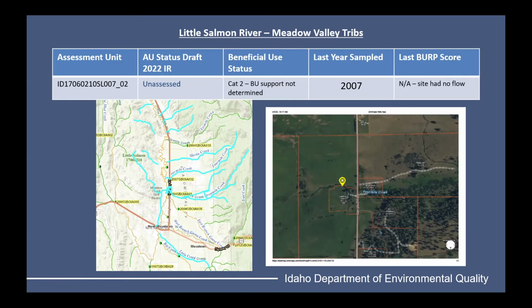Every time someone has gone to sample it, they have either tried to access a portion of the stream that was not perennial and so was designated no flow. That's what happened when a crew last went in 2007. And then a few of those sections, the headwaters, are in some pretty steep country, and I think it's a little harder to access.